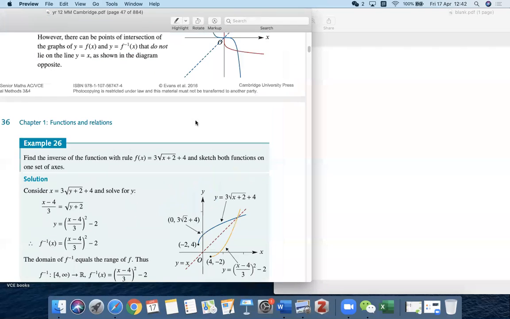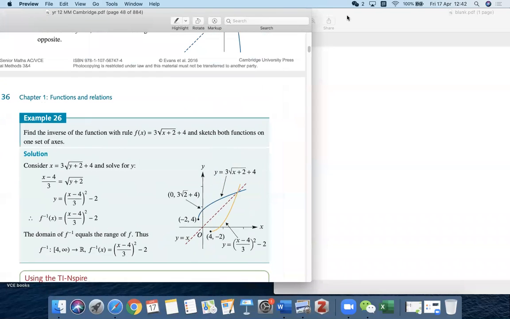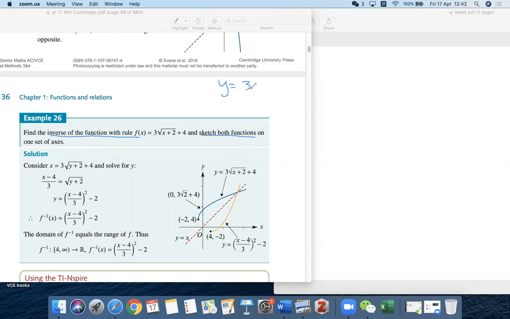Now let's do this part. First we find the inverse of the function and sketch both functions. Let's find the inverse first. y equals 3 times the square root of (x plus 2), plus 4.